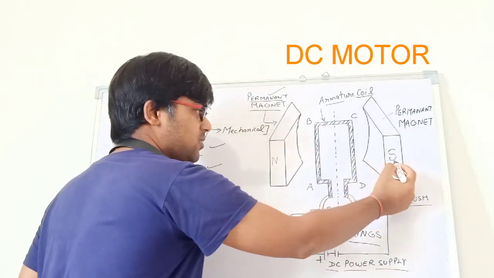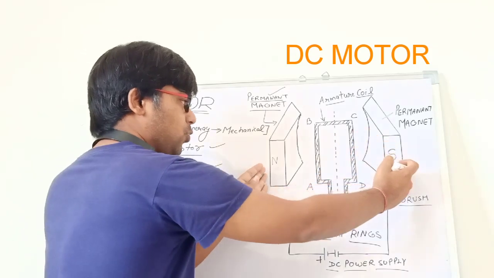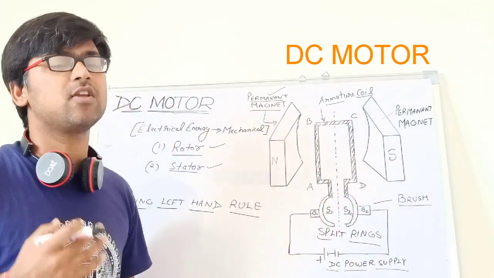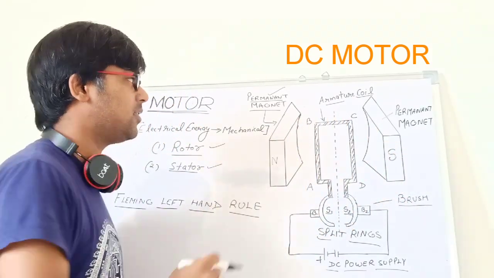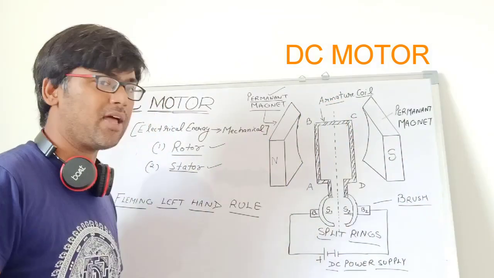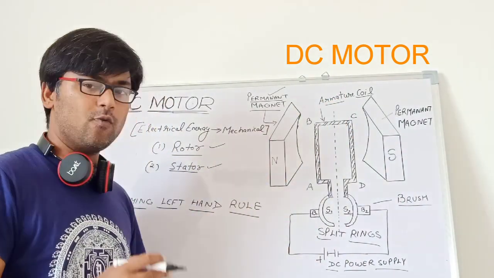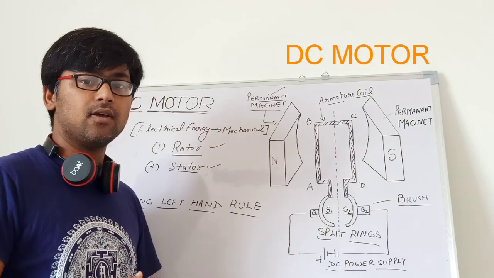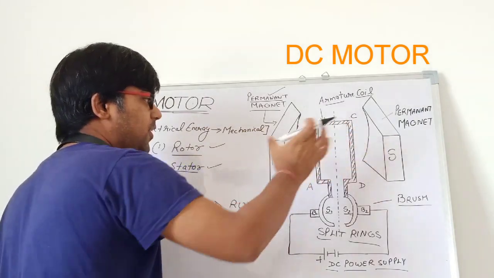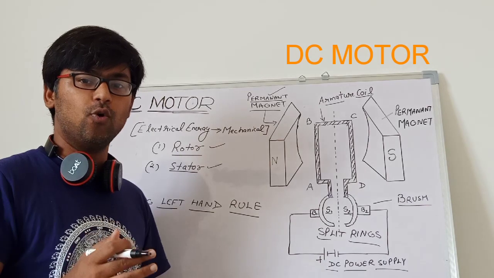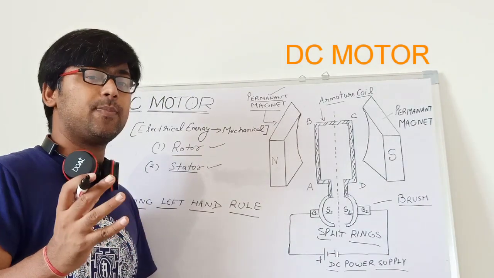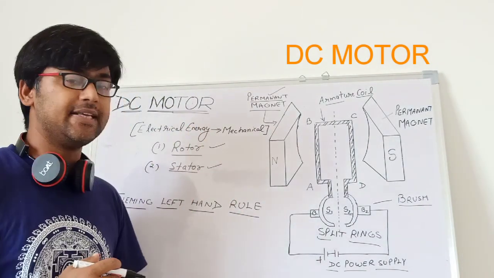This is the north pole, this is the south pole. So these magnets produce the magnetic field, and my armature coil is placed in it. Whenever a current carrying conductor is placed in a magnetic field, it will experience some force, which is the working principle of the DC motor.